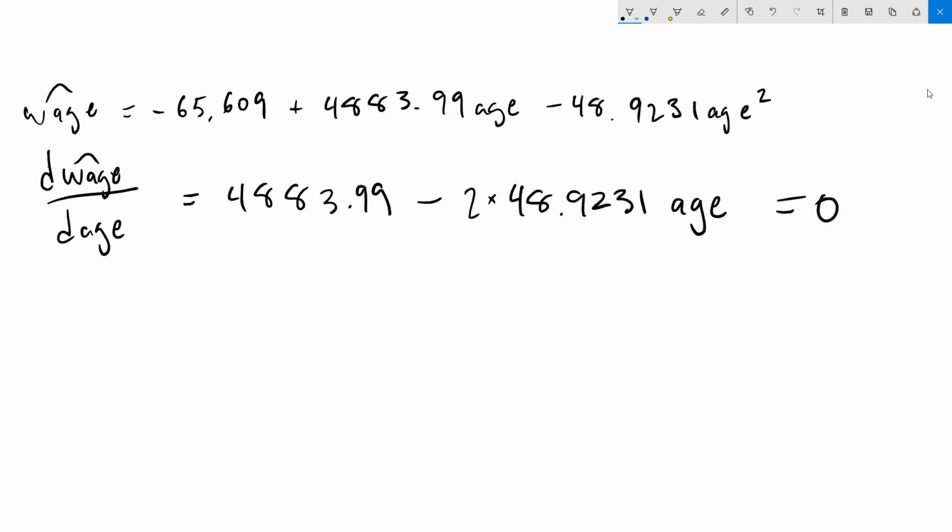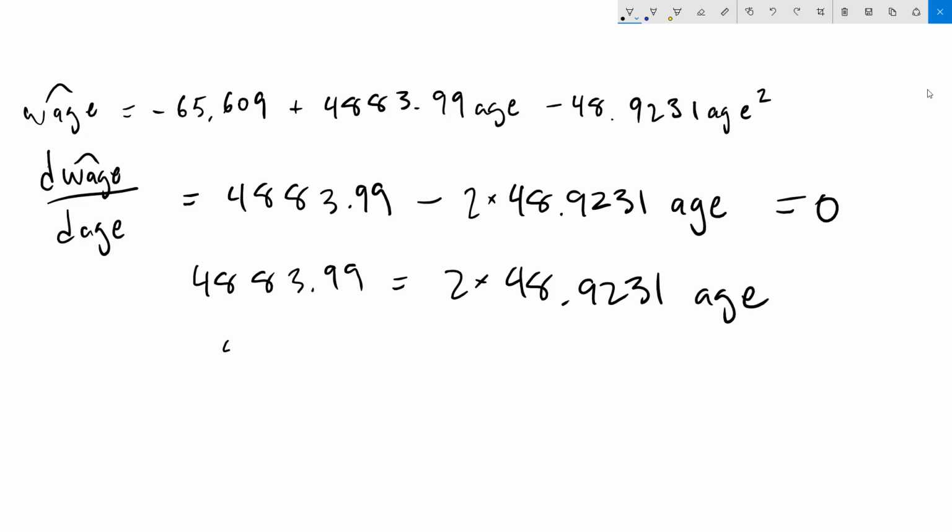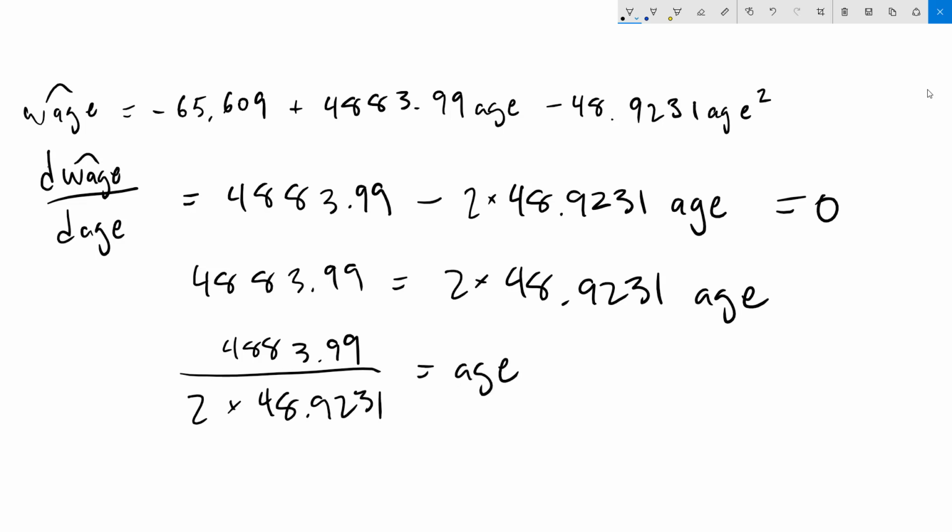Set it equal to 0. And now we can solve for age. I'll get 4,883 equals 2 times 48.9231 age. Divide both sides by 2 times 48.92. And that's going to tell us the age where wage peaks.